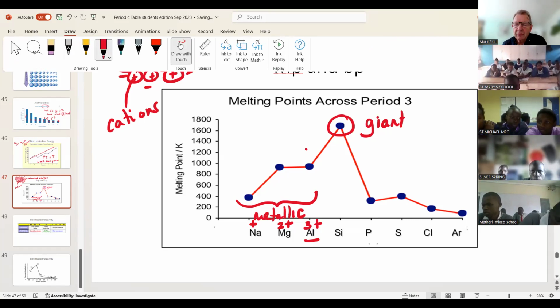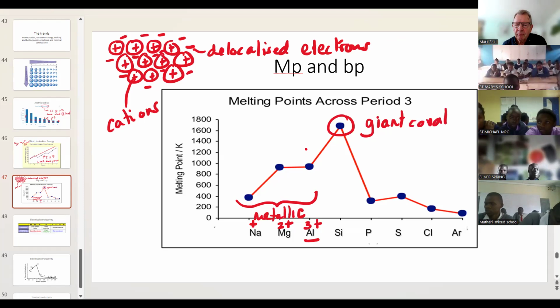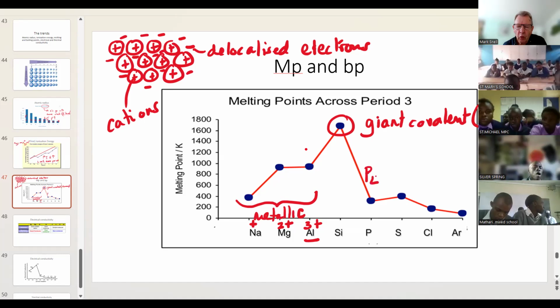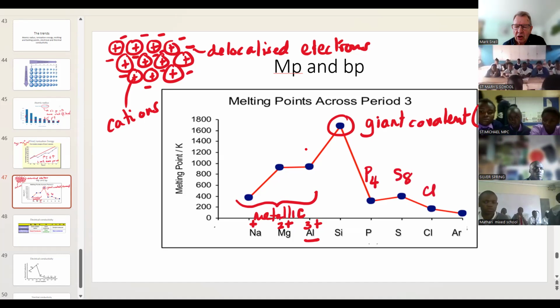Giant covalent. The best example of this is diamond, which you know. Now, these guys down at the bottom, phosphorus goes around in 4s, sulfur goes around in 8s, chlorine goes around in 2s, and argon goes around as monatomic single atom molecules.